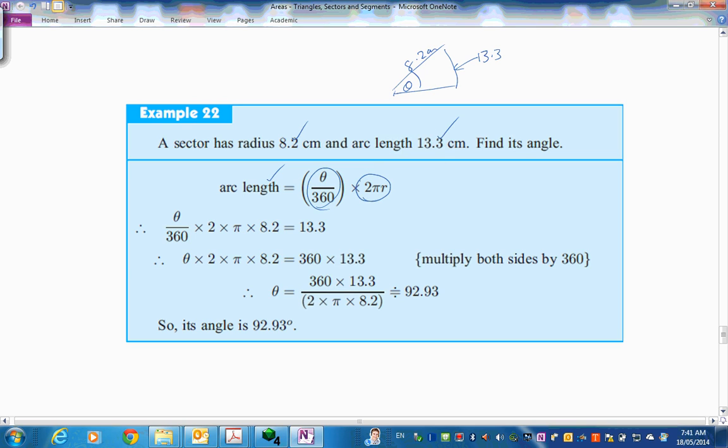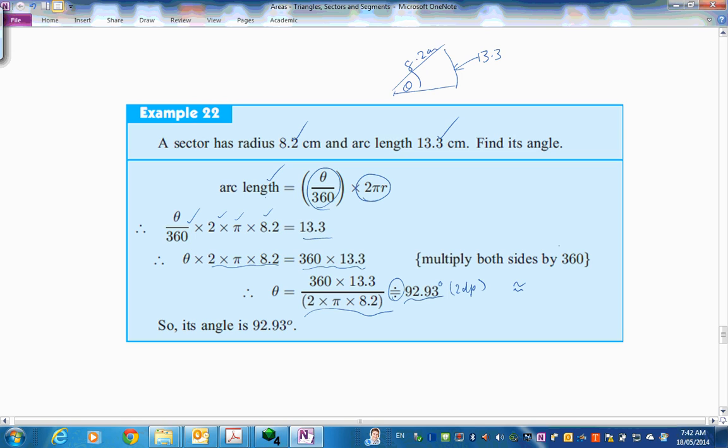They've changed it around, they put the arc length on the other side. It's 13.3 equals theta over 360 times 2 pi r. And then we'll put the numbers in and multiply both sides by 360, then divide by those numbers. So theta is approximately 92.93 degrees, and that's 2 decimal places. We've rounded off with the approximate sign. You can use that sign or that sign there.